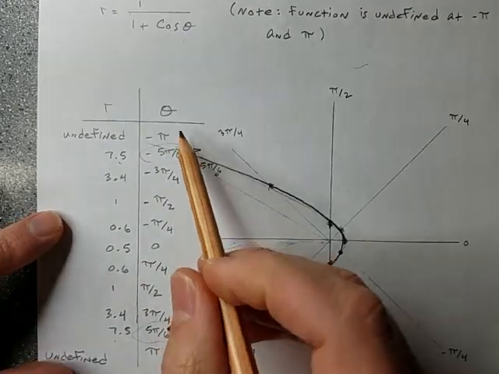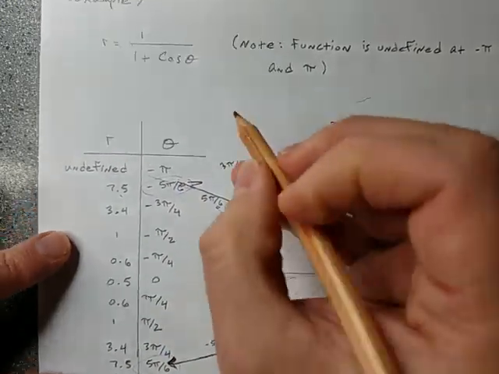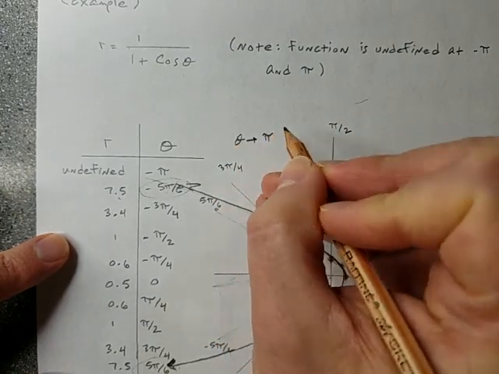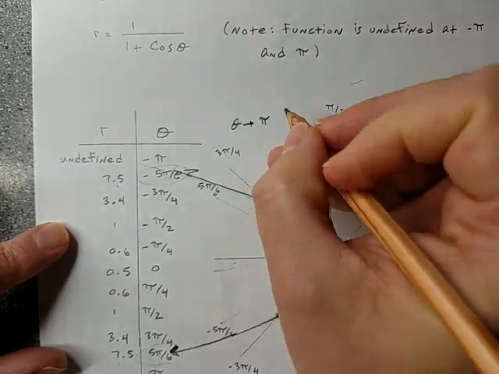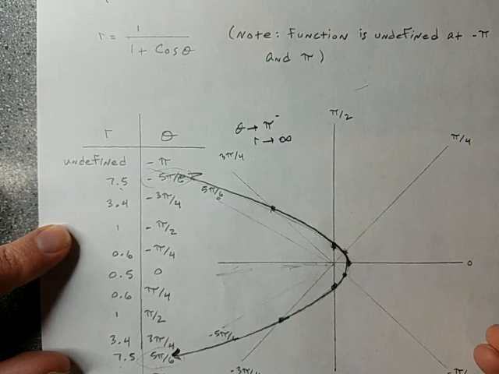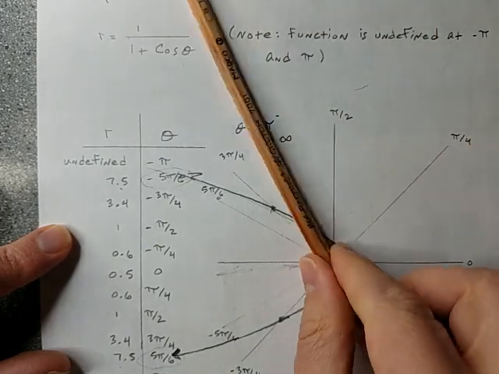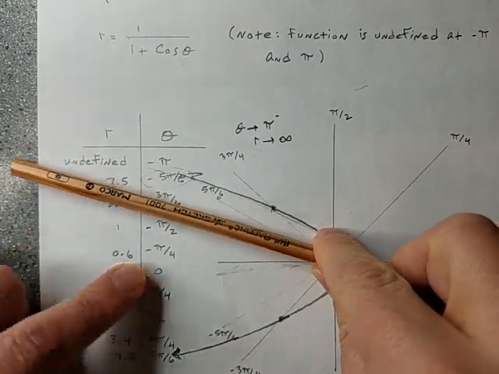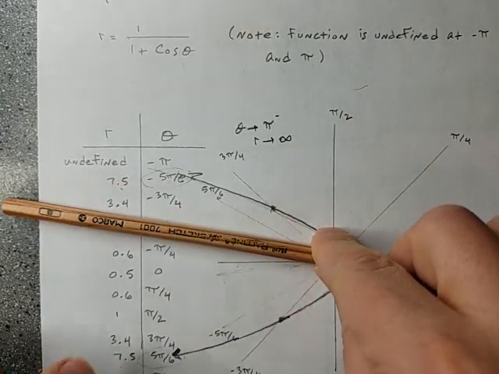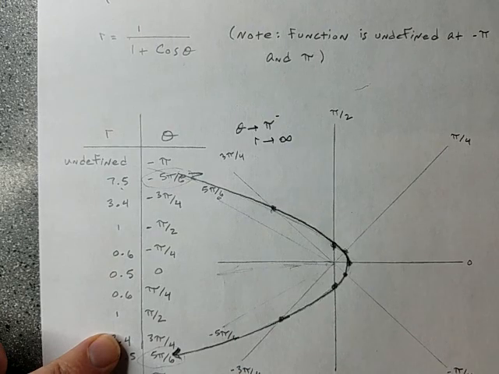So you'll find one additional detail on the table is that if theta is going to pi, all right, from below, then r will go to infinity. Okay? As your angle leans closer to pi, 180 degrees, r is going to have to be further and further out there to land on that curve.